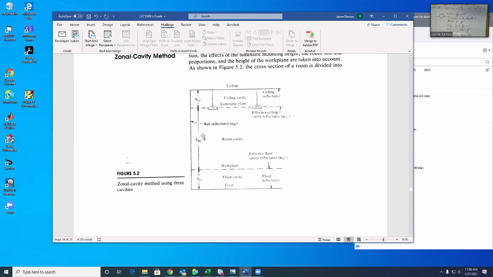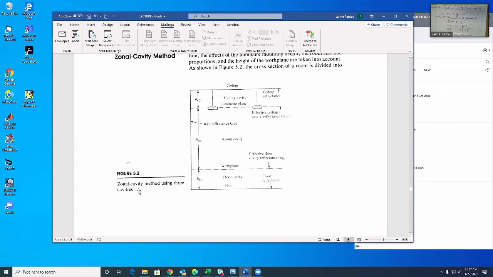Okay. And then it also indicates the given reflection coefficients, rho W, reflectance from ceiling, reflectance from floor, and then this H, C, H, ceiling cavity, H, room cavity, and H, floor cavity.